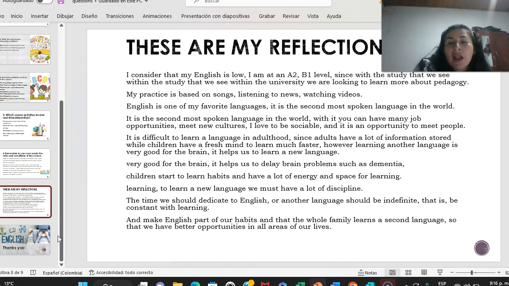It helps with brain problems, stroke, and dementia. Children start to learn a bit and have a lot of energy and time for learning.